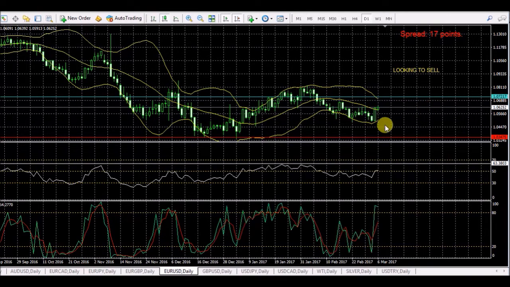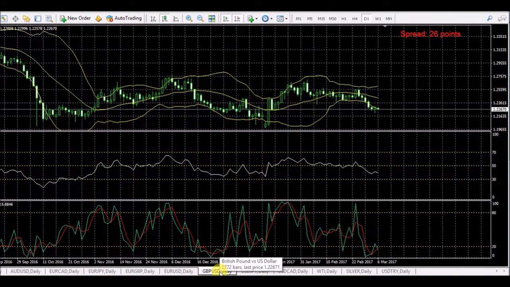I'll have a look at that tomorrow, but it's not something I want to trade today. The pound USD, I haven't got a clear signal on that. I would be shorting that if I was going to do anything, but it's not in a position to short at the moment. I don't think it will be for a couple of weeks.